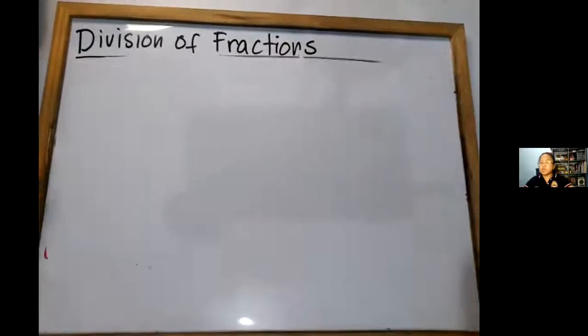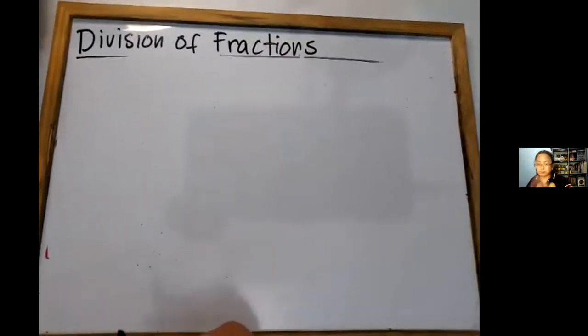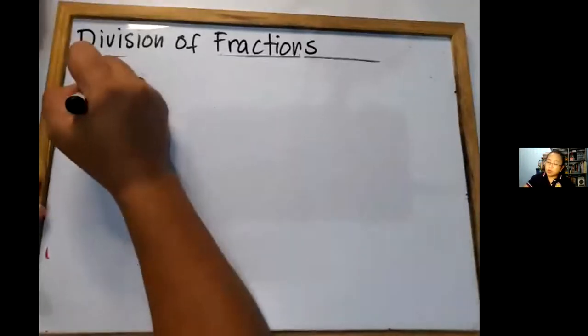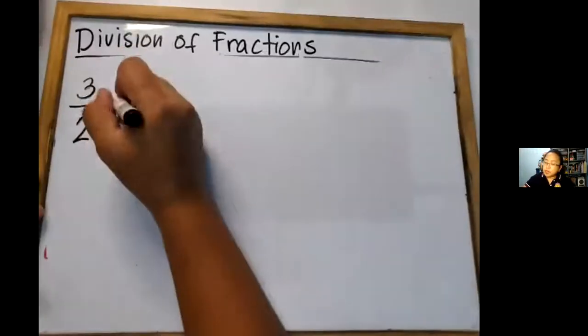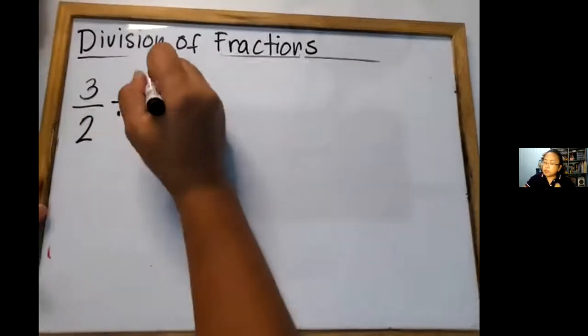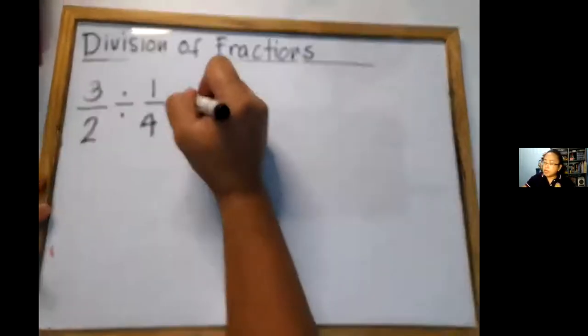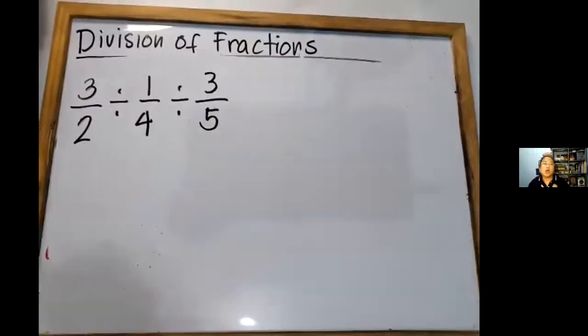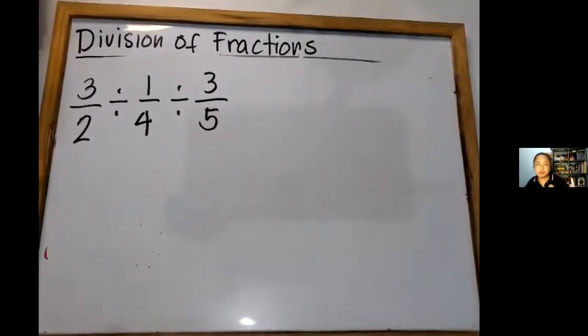But anyways, let's have 3 numbers. Suppose we have 3 over 2 divided by 1/4 divided by 3/5. Okay? So, 3 halves divided by 1/4 divided by 3/5.